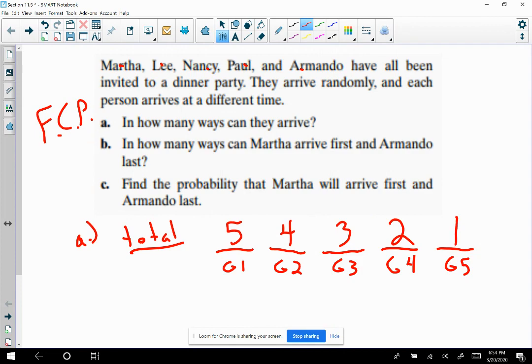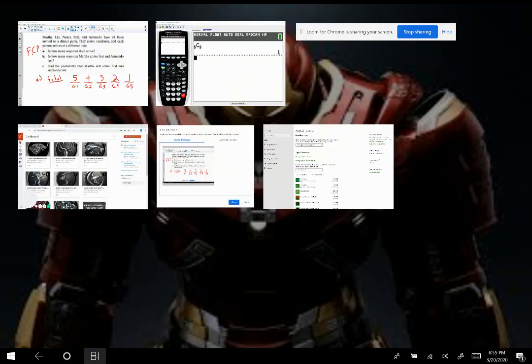So right there, that's why this is a fundamental counting principle, because all we're going to do is take 5 times 4 times 3 times 2 times 1. Okay? And we're going to multiply all that out and get to our answer, which will be, let me grab the calculator.